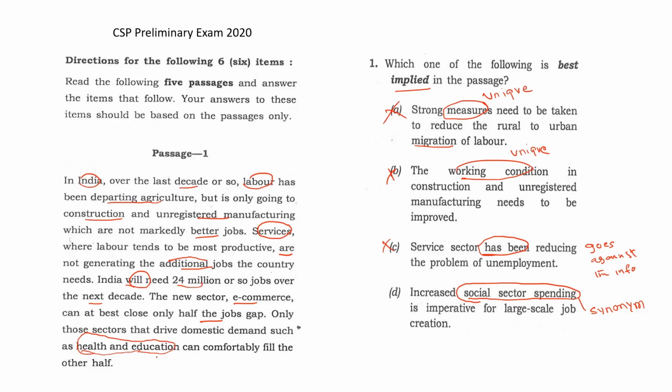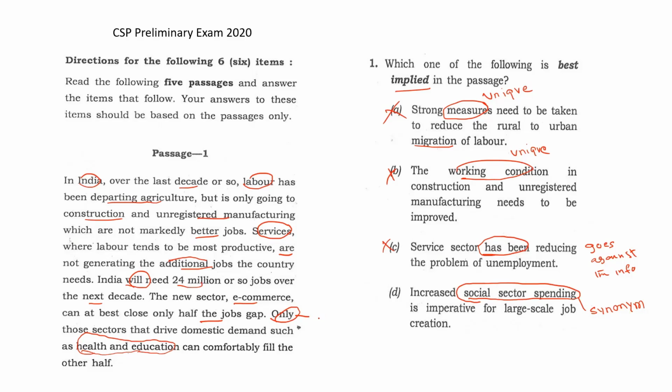Is it imperative? Imperative means compulsory. You have to do it. Because it says only those sectors that drive domestic demand, such as health and education, can comfortably fill the other half. Look at this word, only.